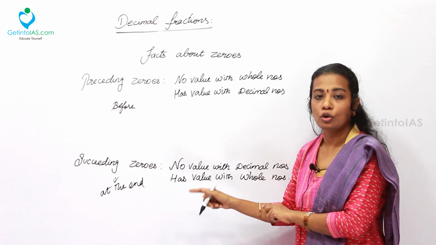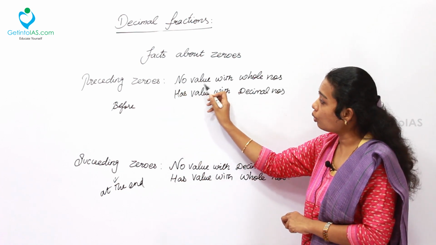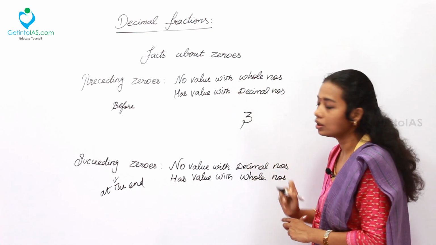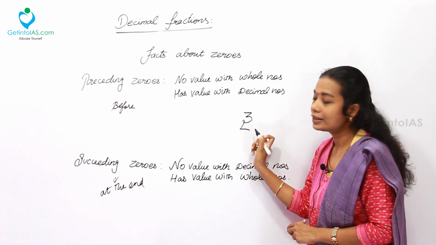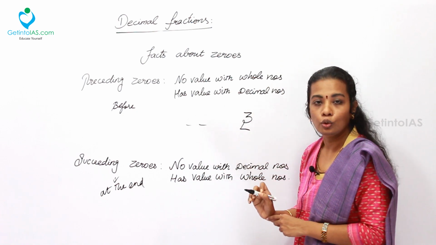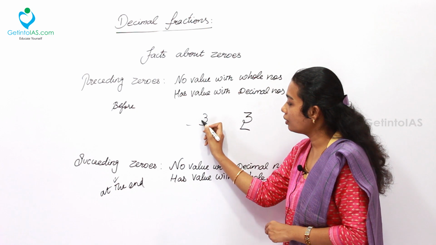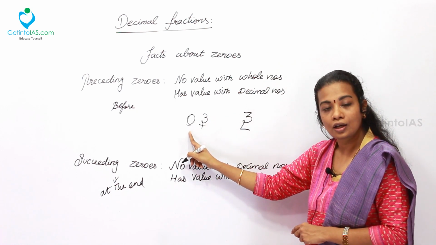If you are writing the 0, what will happen? Say for example, preceding zeros, with whole numbers. If number 3 is taken, it is a whole number. In case I want to write this 3 in 2-digit places, that is, 2 places are allotted, in that I will write 3. In front of 3, I can include 0.